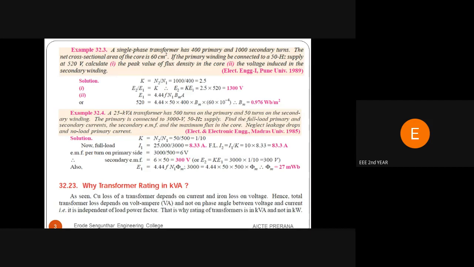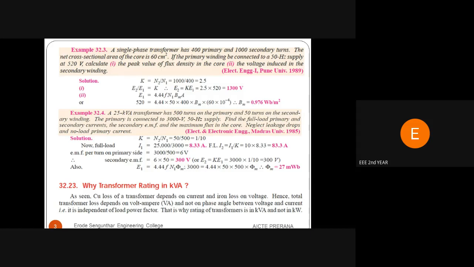Why? What is the reason the transformer is rated in kVA? The only reason is the losses. The transformer has two losses: one is copper losses, another is core losses. The primary winding and secondary winding produce copper losses. These windings are wound on the iron core, and this iron core produces iron losses.